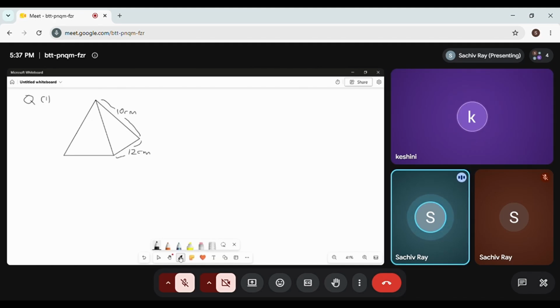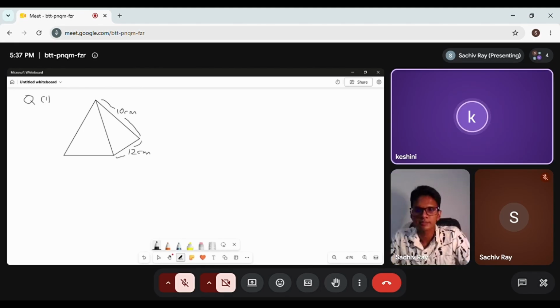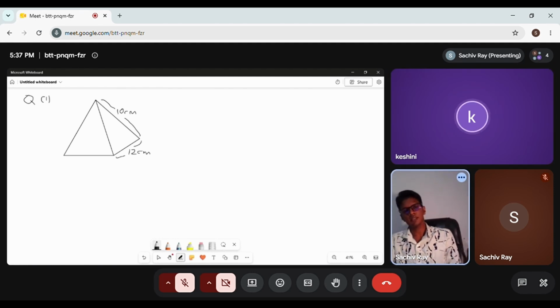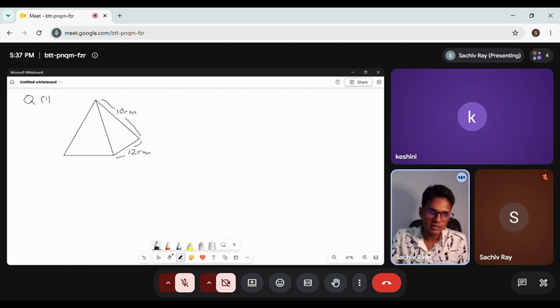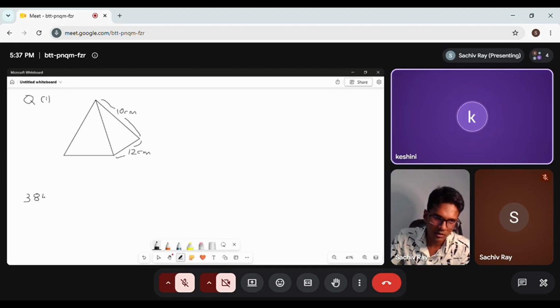What is the answer? Area of the pyramid is 384 centimeters square. He said 384 centimeters.